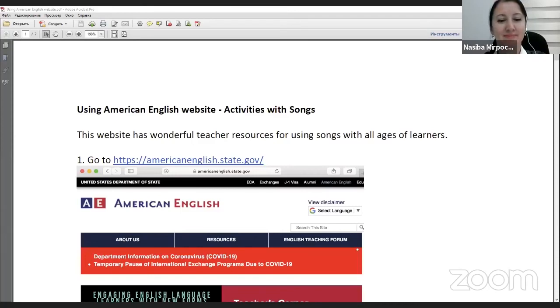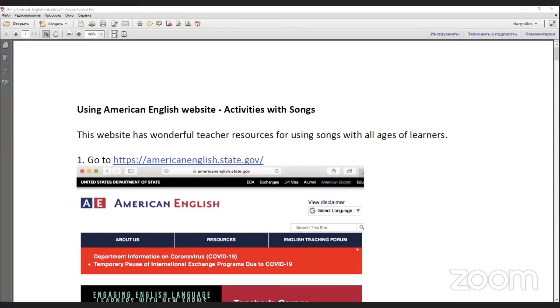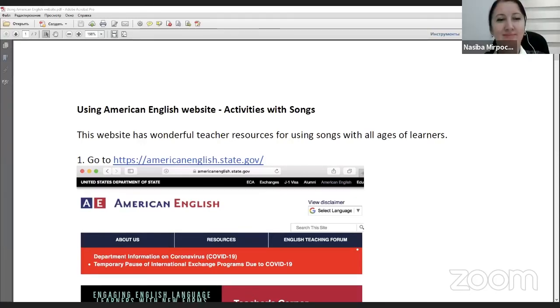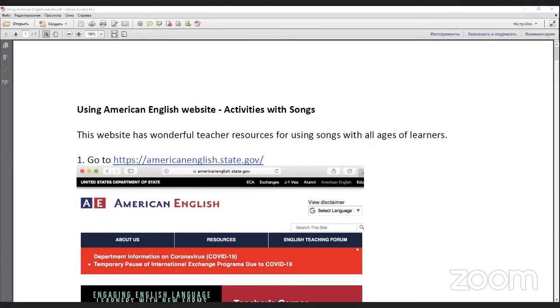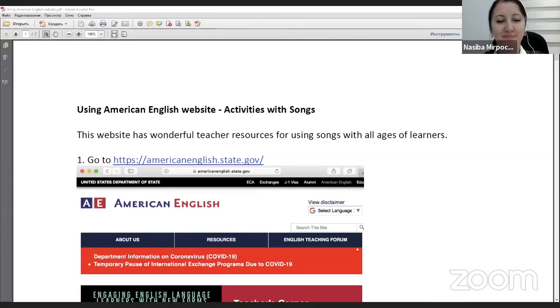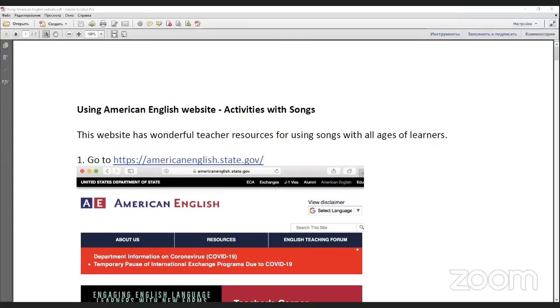They are very easy for finding new materials and making lesson plans, and they're free. You can go on the American English State Gov website and find ready-made materials there. These are huge resources, ready-made lesson plans, and they can be very good for your classes.